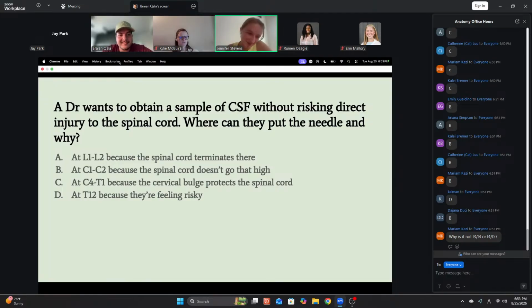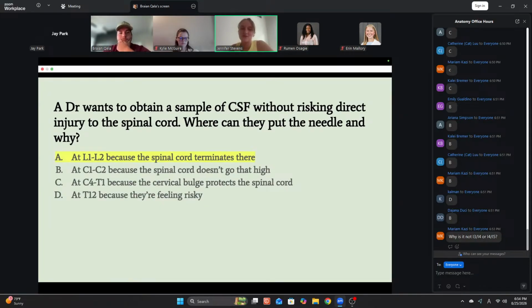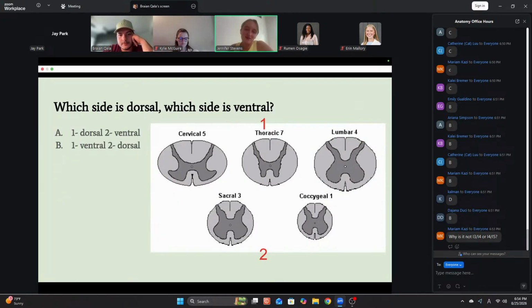I will fix that again before we send this out. But if you want to go to the next, I highlighted A because it's not any of the other options. I was trying to get across that you want to go below where the spinal cord ends, which is L1 to L2. So you want to go below that. I should have reread these. I'm sorry, guys.